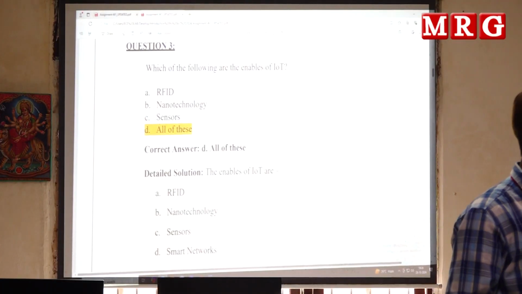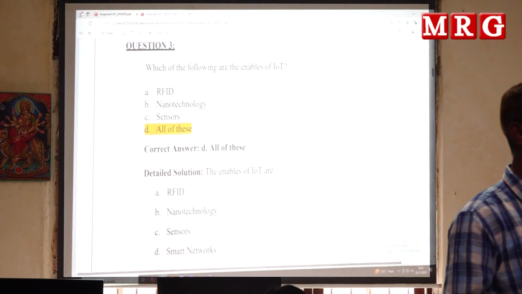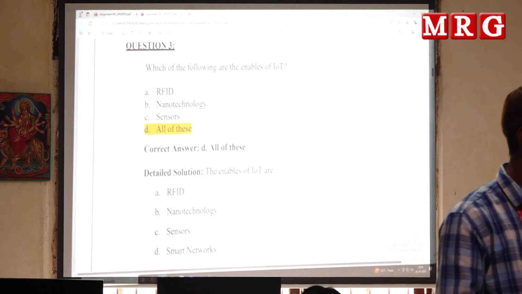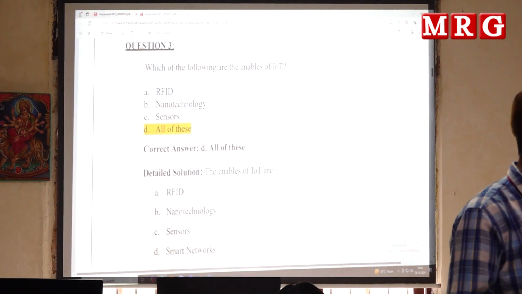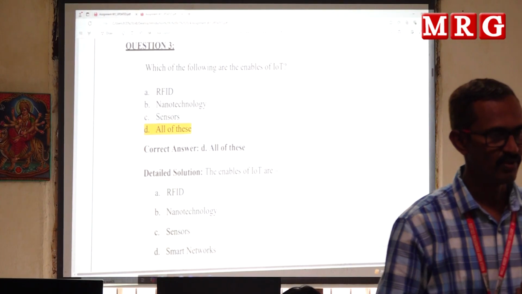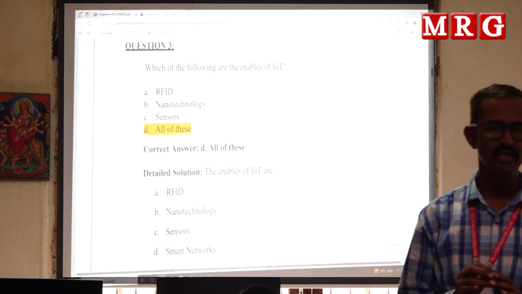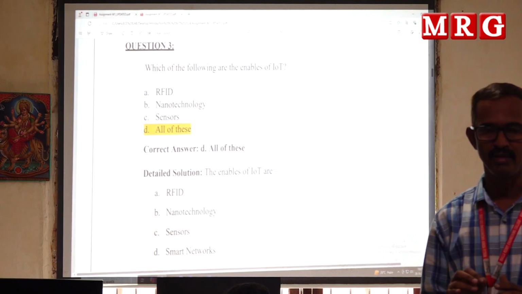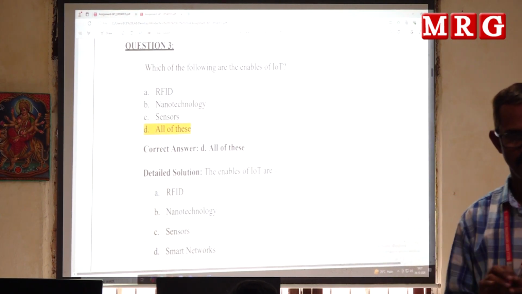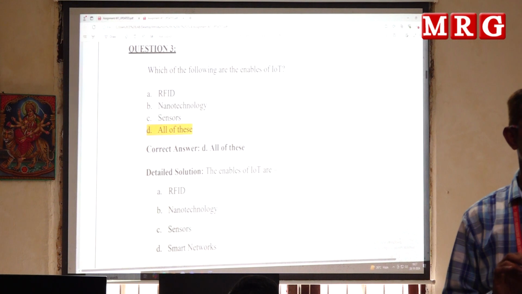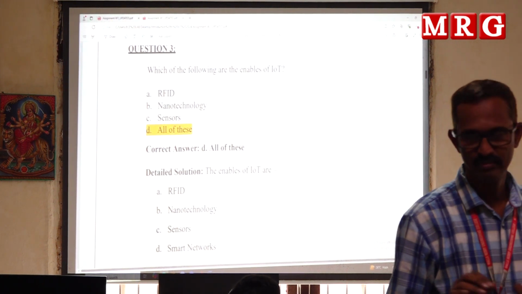So definitely all these components are enabling IoT technology. They are boosting it. Without this, IoT is impossible. Without RFID, without nanotechnology, without sensors, there is no IoT. So the answer is all of the above.